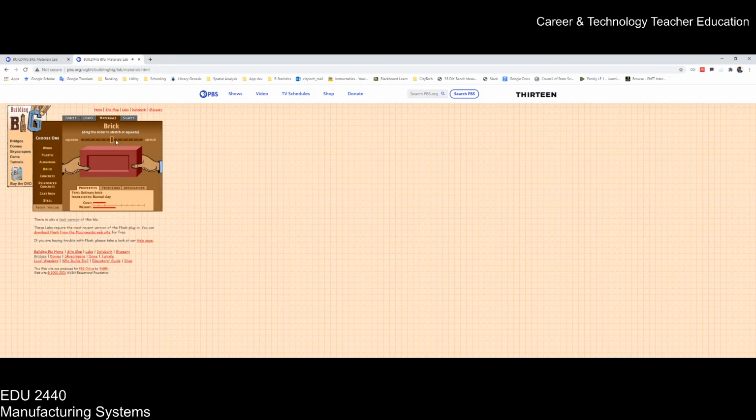What about brick? So brick maybe has high strength for compression, but low strength for stretch, right? Like cast iron. Oh no, yeah, cast iron also has a low strength for stretch.